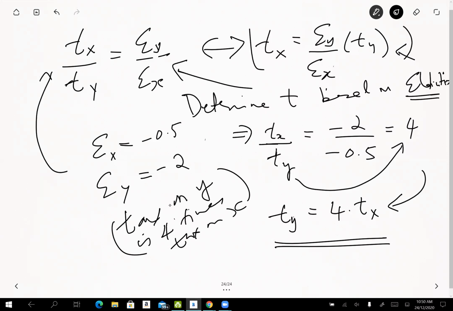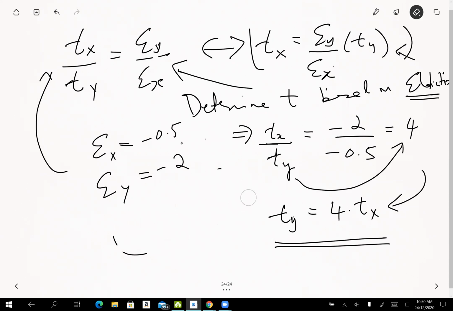What I realized is the ratio is wrong again. It's Tx over Ty, not Ty over Tx. So what you were saying is correct based on that. Now we change it. It should be Tx equal to 4Ty.